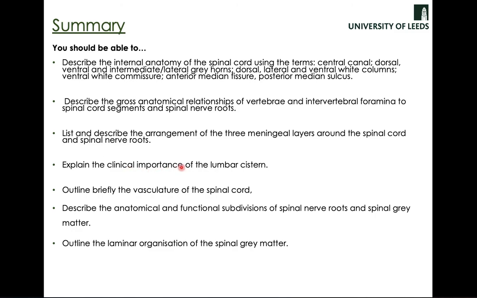Explain the clinical importance of the lumbar cistern. We did talk about the vasculature of the spinal cord. We also described the anatomical, functional subdivisions of spinal nerve roots and spinal gray matter. And you should be able to outline the laminar organization of the spinal gray matter.